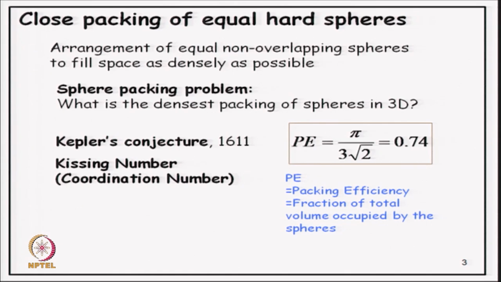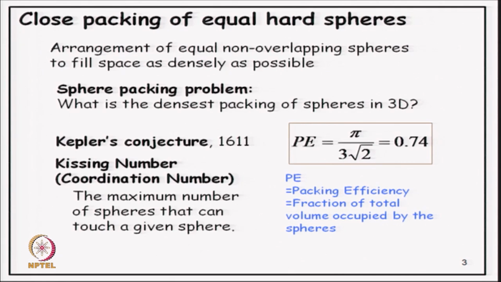Another concept related to packing of spheres is what mathematicians interestingly call the kissing number, but in chemistry and physics, coordination number is more common. It is the number of spheres a given sphere touches in such a packing. So, the maximum number of spheres that a given sphere is in contact with is the kissing number or the coordination number of that packing.